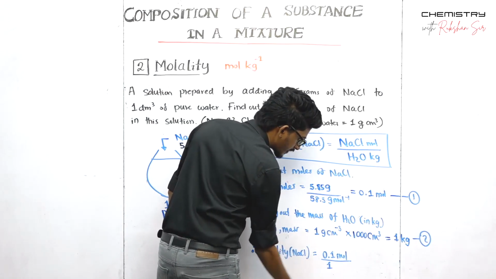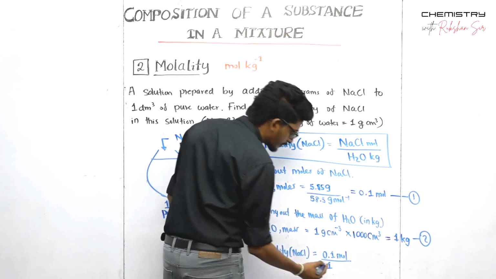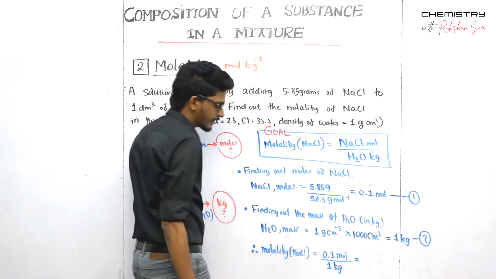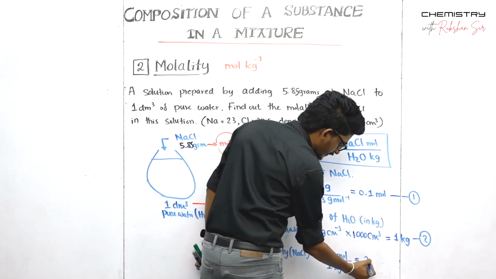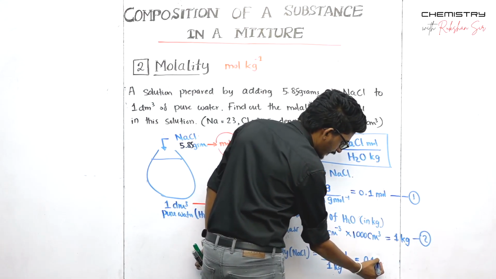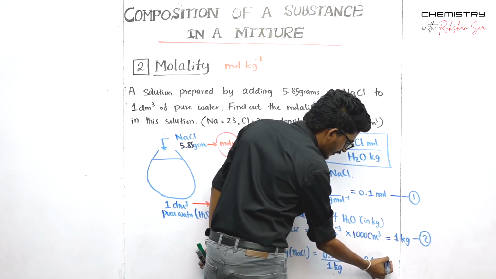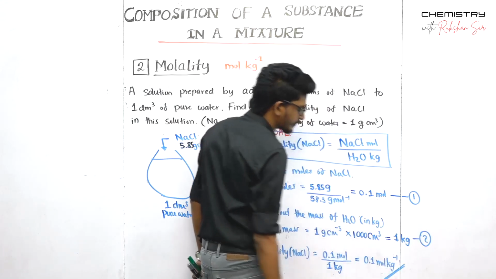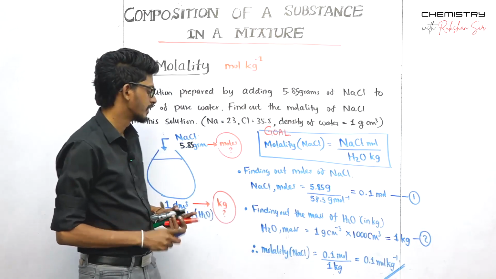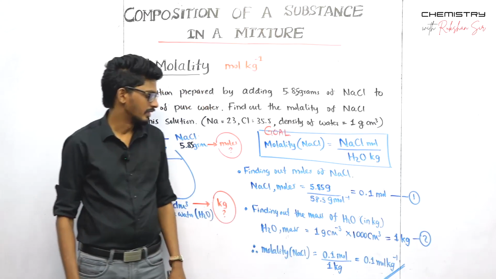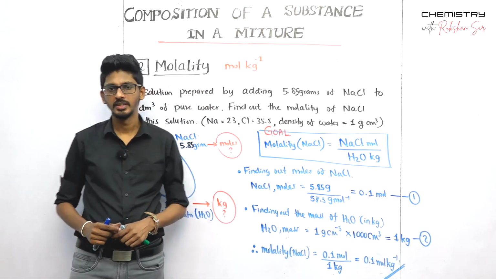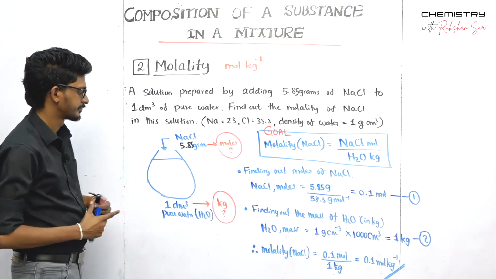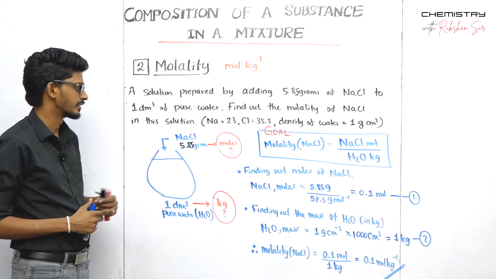That is 1 kilogram. So the final number is 0.1 moles per kilogram. So that is the molality of your NaCl solution. That is how we are supposed to solve this kind of question. Let's complete this stuff.